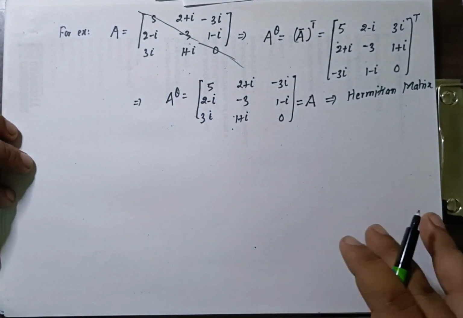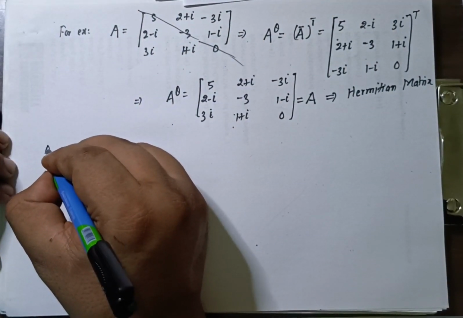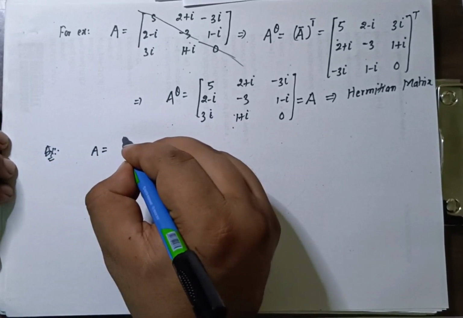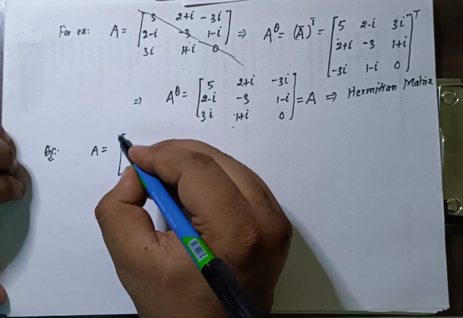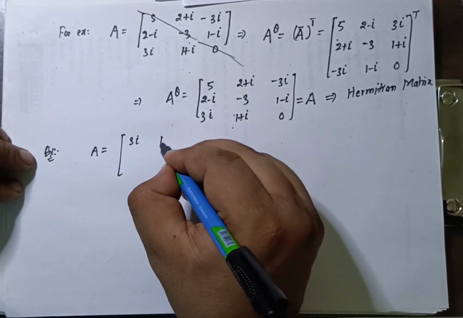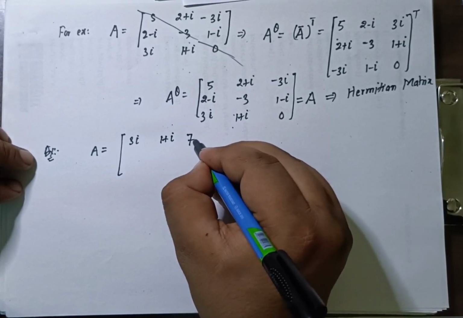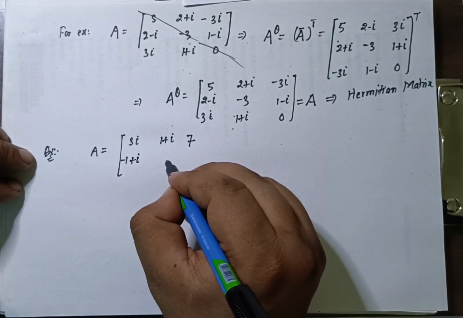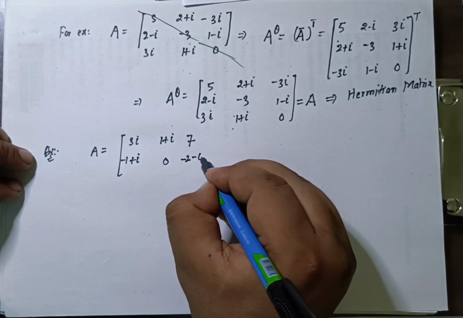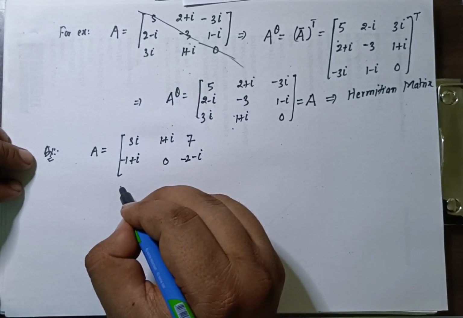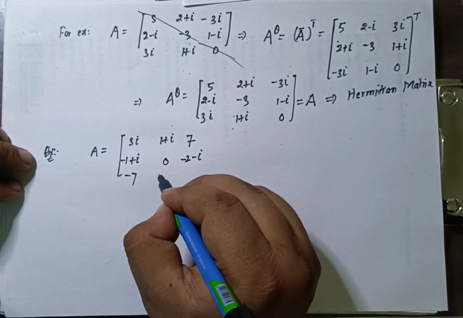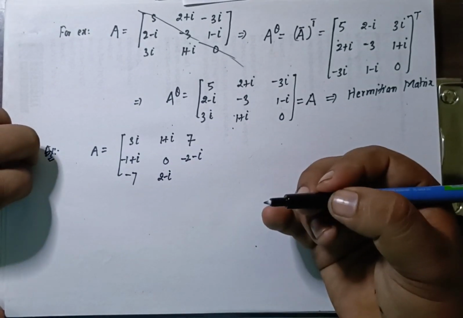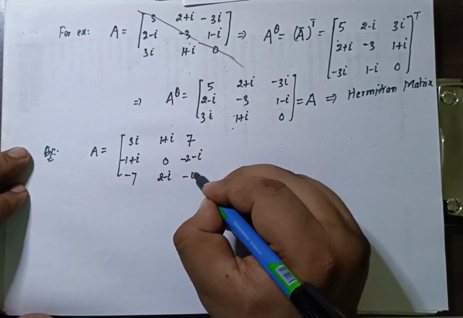We can take the example of a skew Hermitian matrix here, like the given matrix A equal to 3 iota, 1 plus iota, 7; minus 1 plus iota, 0, minus 2 minus iota; then minus 7, 2 minus iota, and minus iota.